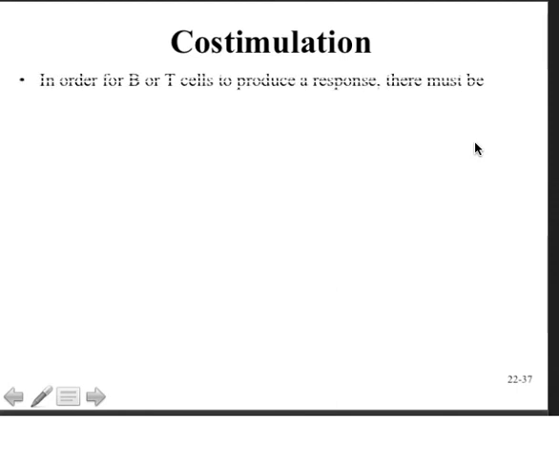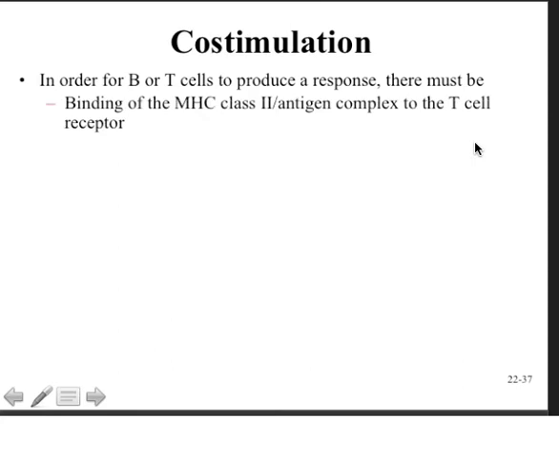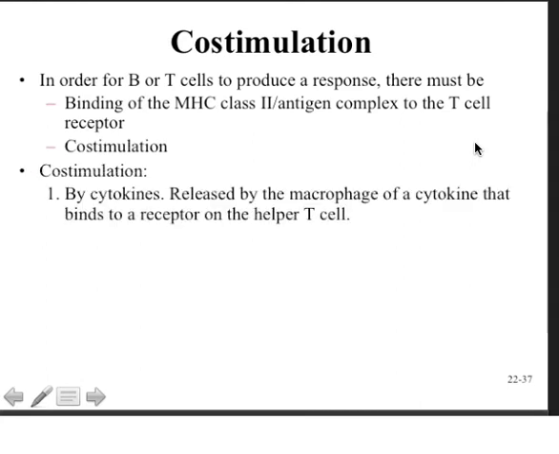Okay, co-stimulation is essentially a method for promoting the proliferation of a selected B or T cell based on its ability to interact with that particular antigen. In order for B or T cells to produce a response, there has to be binding of the MHC class II antigen complex to a T cell receptor, followed by co-stimulation, which occurs via cytokines.